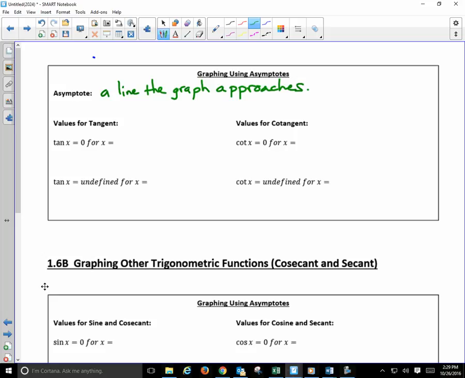Now we kind of marked 2 spots. We marked dots wherever tangent was equal to 0. That was for 0, it was for pi, it was for 2 pi, so on and so forth. In fact, at all period values is where we mark 0.